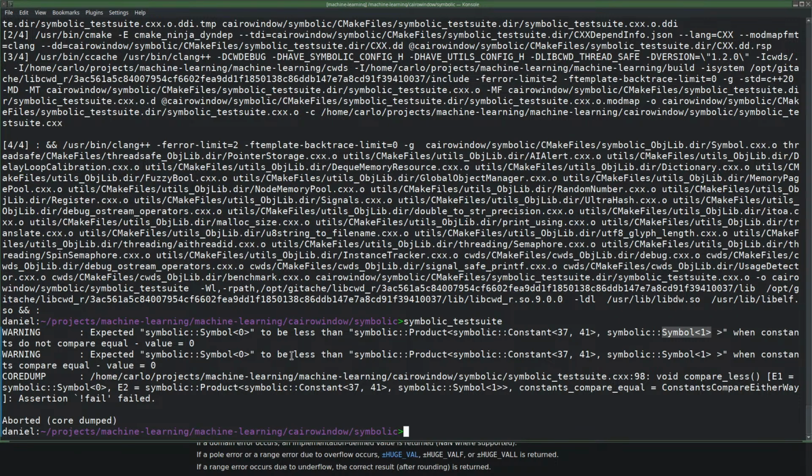Expected symbol 0 to be less than constant, that's the same error. Printed twice, which is kind of weird. Don't tell me I did the same test twice. Why is it printing twice?